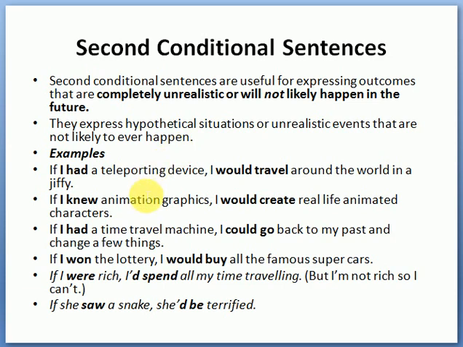For example, if I had a teleporting device, I would travel around the world in a jiffy. If I had a time travel machine, I could go back to my past and change a few things. If I were rich, I would spend all my time traveling, but I'm not rich, so I can't. So we see that this has been used to express hypothetical situations.